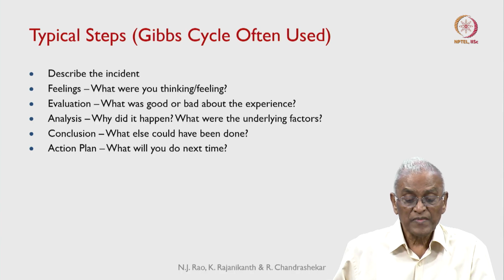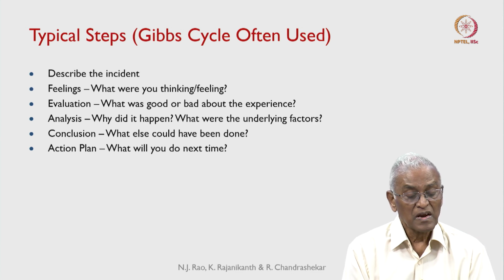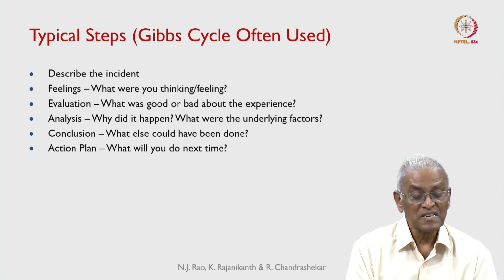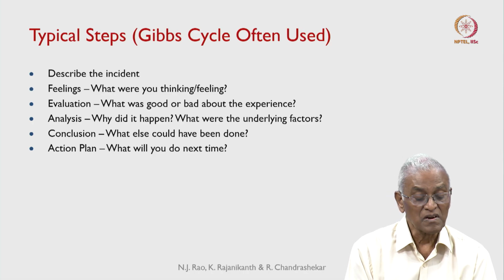Typical steps, here again Gibbs cycle is often used for this. You describe the incident, what happened, and your feelings, what were you thinking or feeling, you can record that.